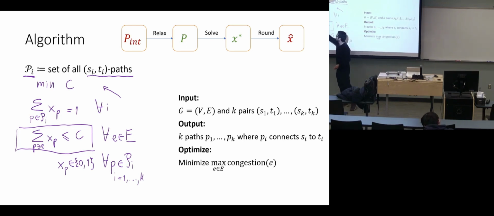So here you just say that every edge is used at most C times, and we want to minimize this thing. And this can be a variable. You don't need to put it as some fixed constant.